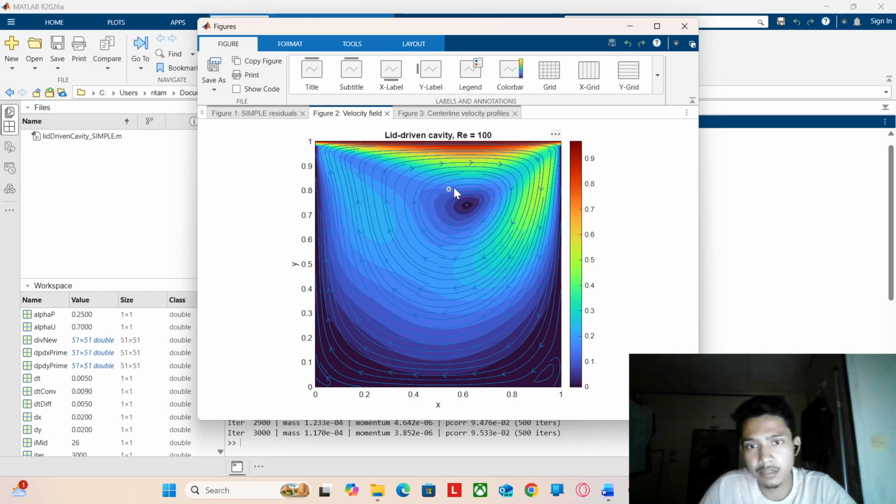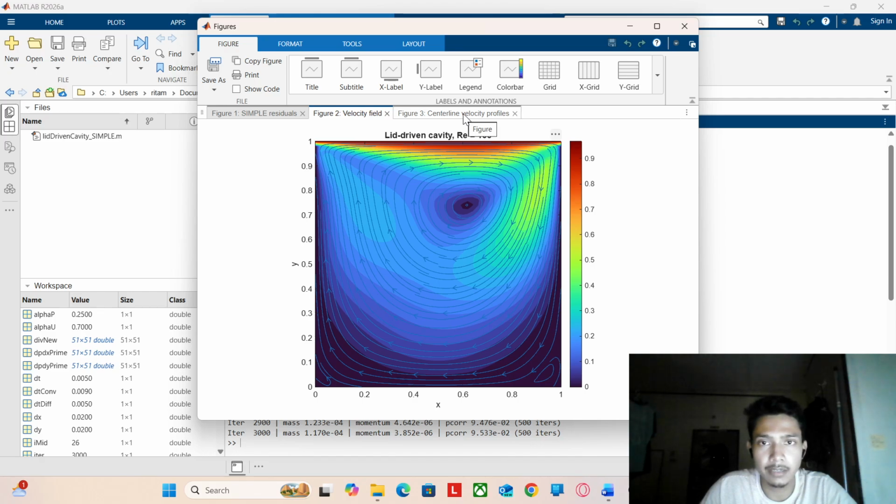This is what the streamlines are showing. Small secondary vortices are also visible near the corners, which is physically expected in lid-driven cavity flow. You all can see this, these are all very small. So this is the velocity field contour.